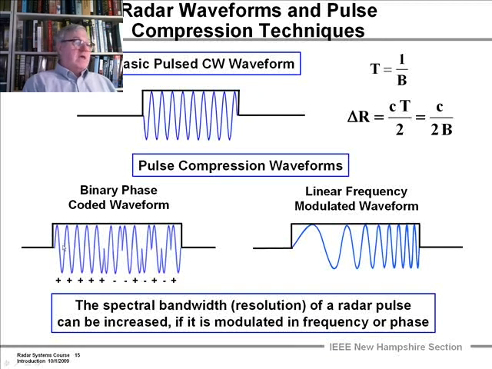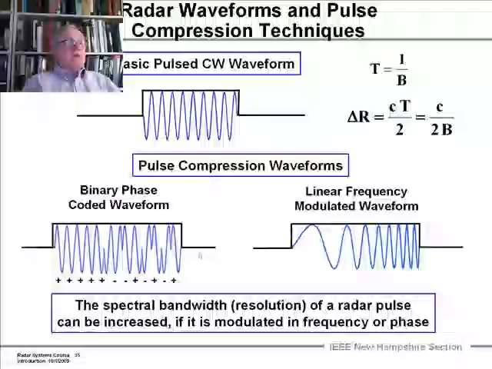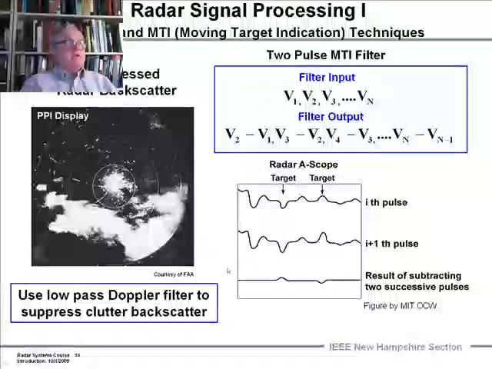And here, we either flip the phase or don't flip it. A plus means we keep it as it is. When you get to a minus, during that sub-interval you flip the phase 180 degrees. These are called binary phase-coded waveforms, because they're just two states. These are methods used to compress the pulse. We'll spend a whole lecture on it.